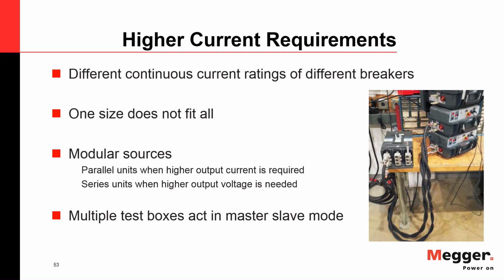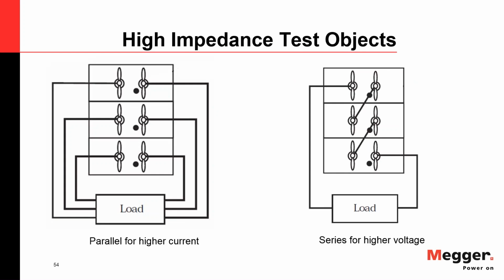There's the approach of modular sources, so you put multiple testers in parallel if they allow that, so you can get more current out or more voltage if you have to overcome higher impedances. And if you have a multiple box approach, these boxes typically act in a master-slave mode. That means the user designates one tester as master, and that controls the others as slaves.